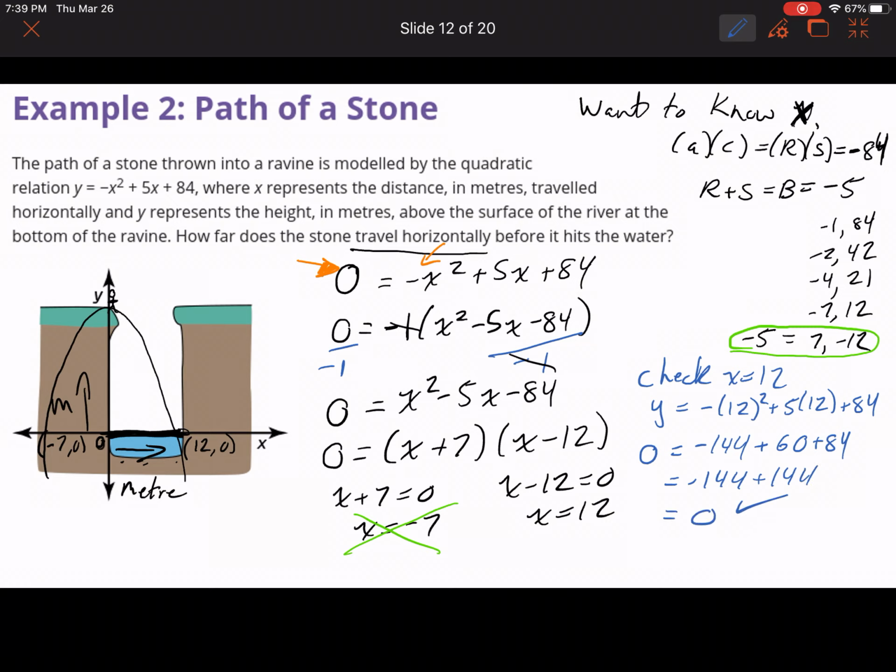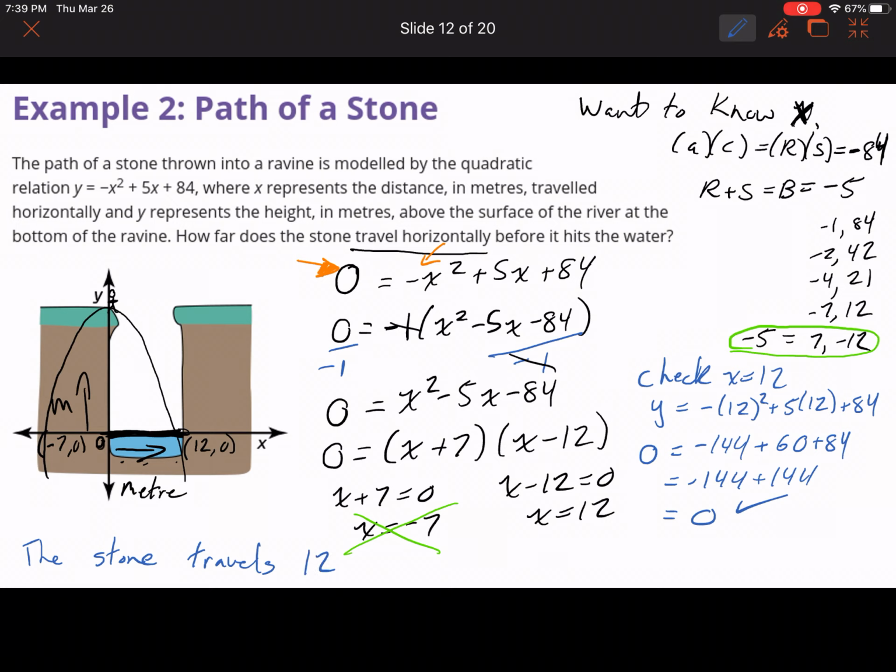So first we checked. Now we need to write a sentence that explains that we understand what 12 means. So what were we trying to find? How far does the stone travel horizontally before it hits the water? So the stone travels 12.